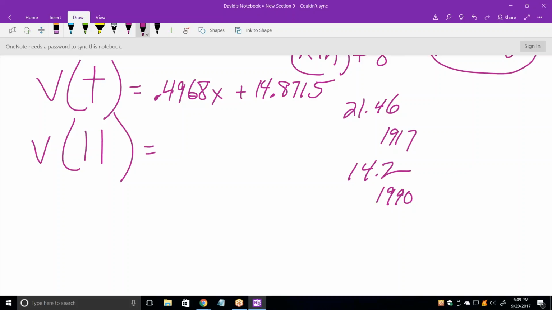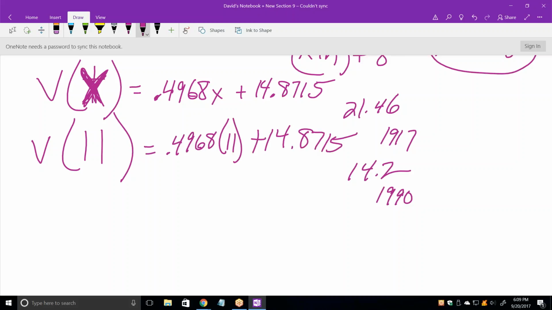So what am I going to do to figure out what the answer is? Plug in 11 to t. Is it x or t? It's x, but it doesn't really matter. That's fine. I'll make it V of x. Okay, so it's 0.4968 times 11 plus 14.8715. Do that math. What do you get?